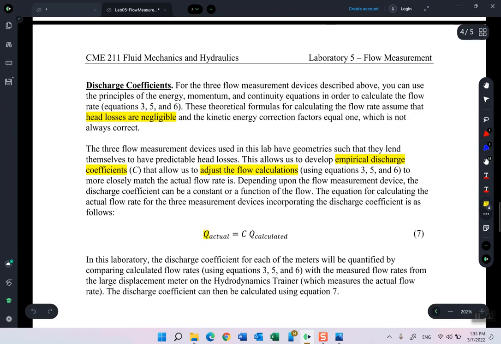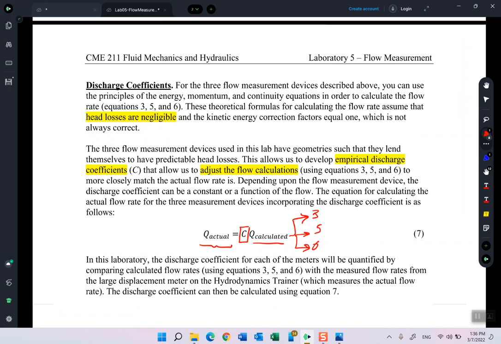Basically, you will say that the actual discharge that is passing through the pipe equals the calculated discharge from equation 3, 5, or 6, whatever, multiplied by another parameter called C, the discharge coefficient.